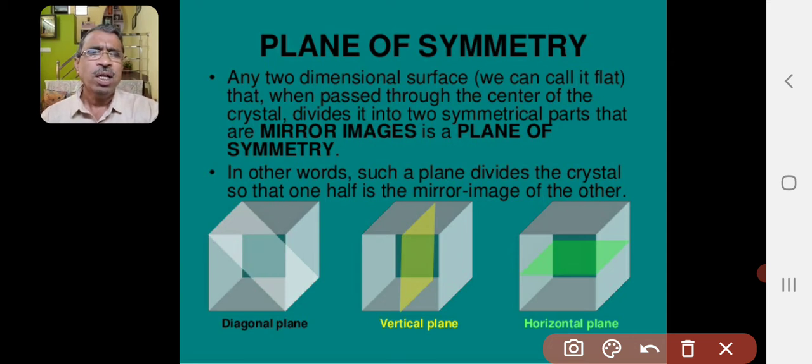Now the same cube also has 8 corners. These are the 4 corners at the top, and these are the 4 corners at the bottom. So it contains 8 corners, and then this cube has 12 edges. These are known as edges of a cube.